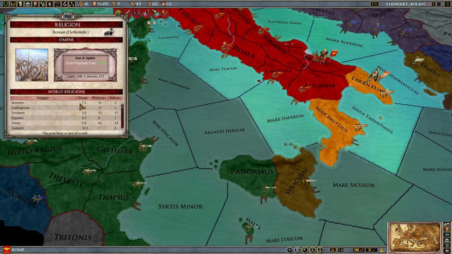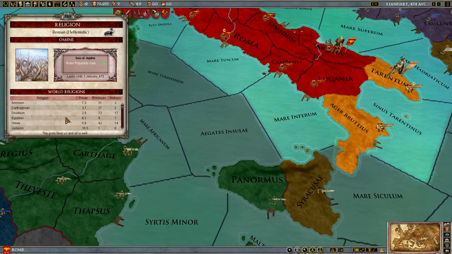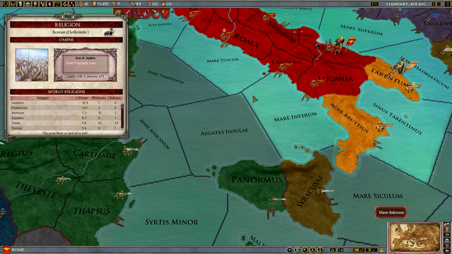You can also see the power and number of provinces and nations that each world religion has. So, sorting by power, Judaism has the most power. For some reason. While provinces and nations are generally connected, each religion has a base power assigned to it. Don't ask me why, but Judaism has a lot of power. Now, what does power in religions actually mean?